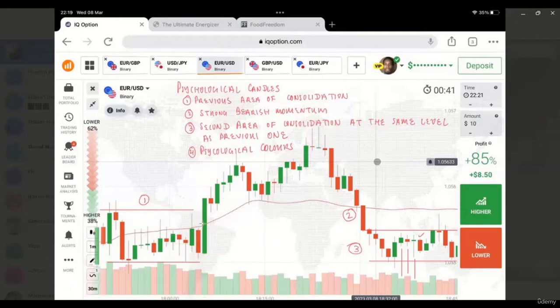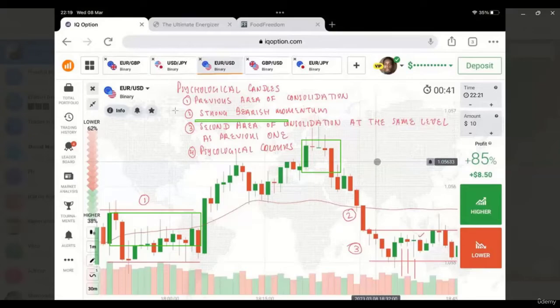A strong bearish momentum. So previous area of consolidation. Number one was the previous area of consolidation, the previous market consolidation. Number two is a strong bearish momentum, a strong bearish move.